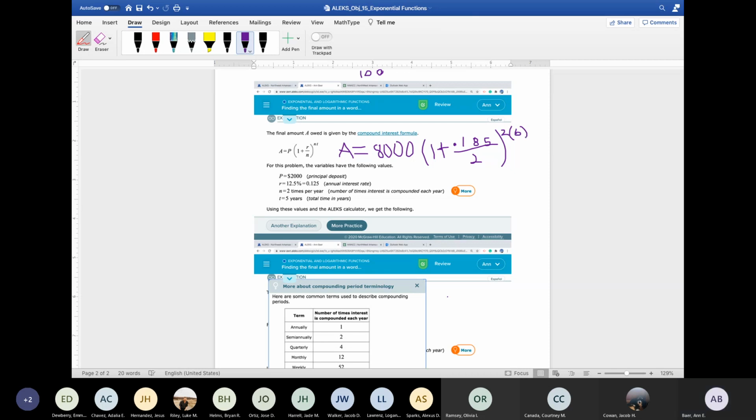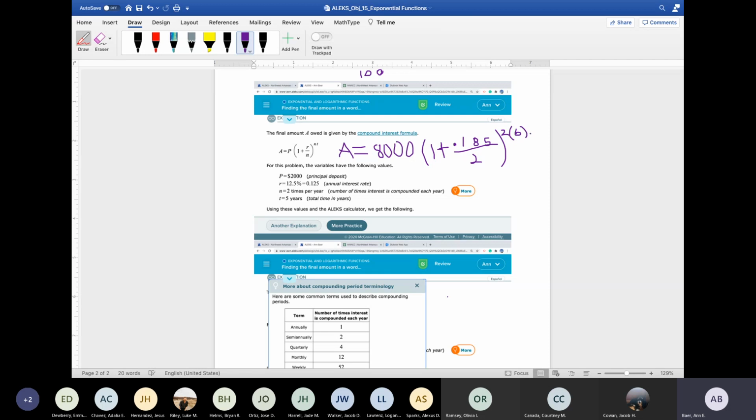8,000 parenthesis. Not 8,000 times, but 8,000 parenthesis. 1 plus 0.185 divided by 2 parenthesis, then the caret key.